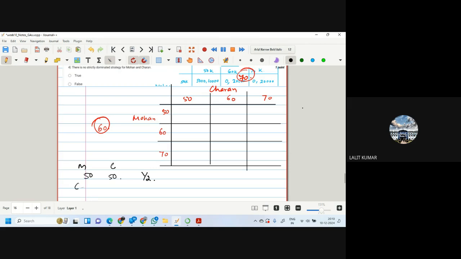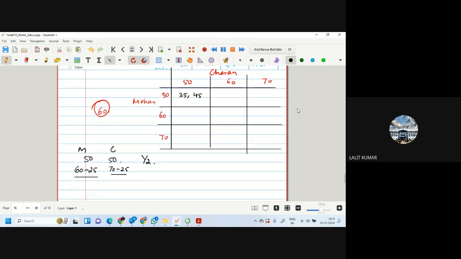For Mohan it will be 60 minus 25, for Charan it will be 70 minus 25. So you get 35 and 45. Now let's calculate for 60, 60. It will become 60 minus 30 and 70 minus 30, so this will become 30 and 40.